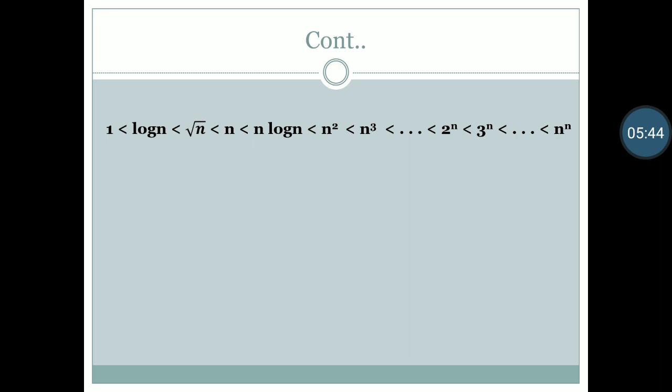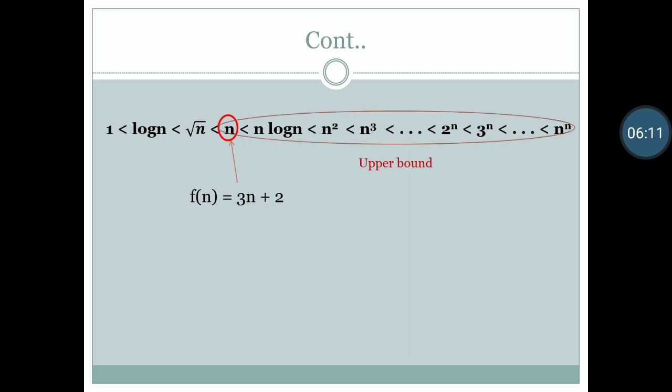Here we have a series that goes from the lowest to the greatest growth rates. In that, our function is 3n + 2, which belongs to the n term. As we saw in our example, f(n) = Ω(n). This is our upper bound and this is our lower bound, so n will be our average bound.